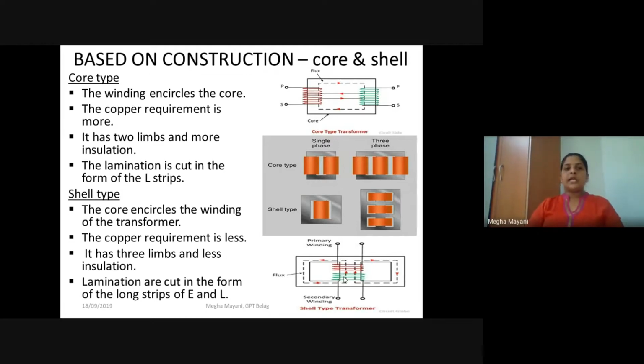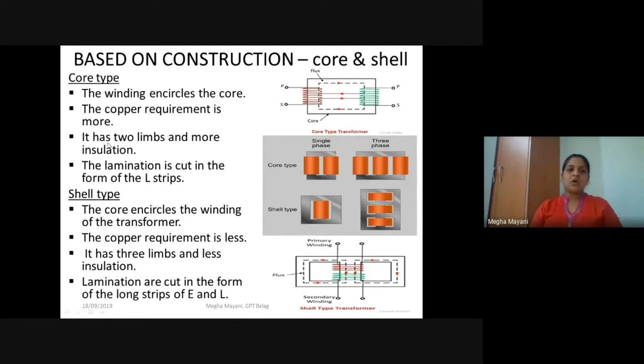So core type, here the winding will be encircling the core. So try to look here, friends, at the images shown. What is the winding? It is encircling the core. Whether it is a single phase or three phase, the winding is around the core. And the copper requirement in this case is comparatively less with respect to shell.